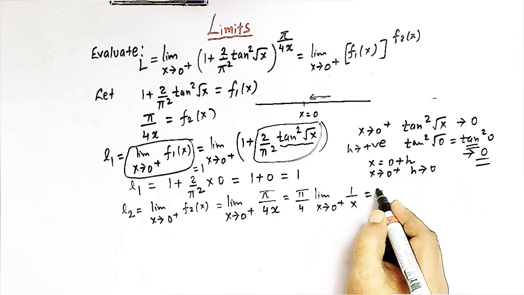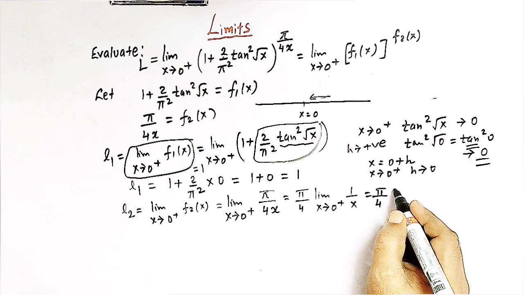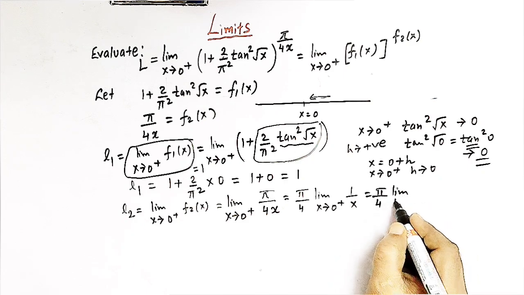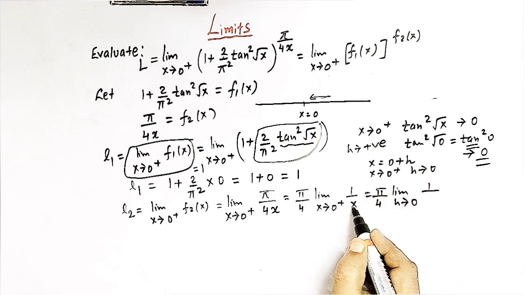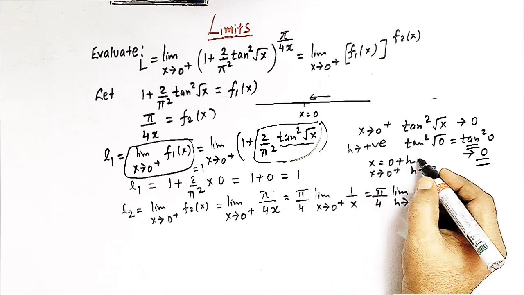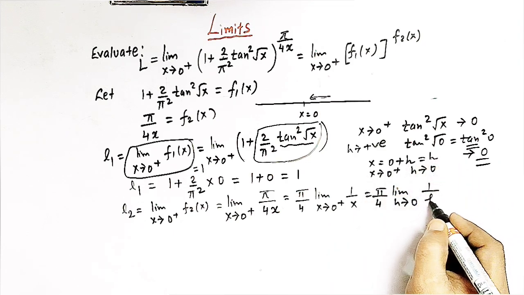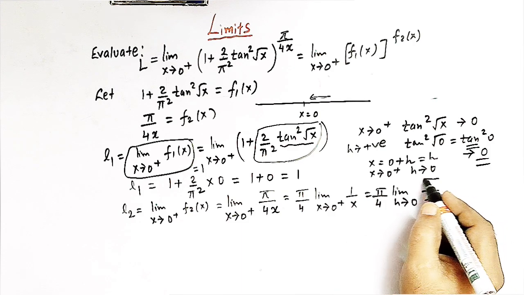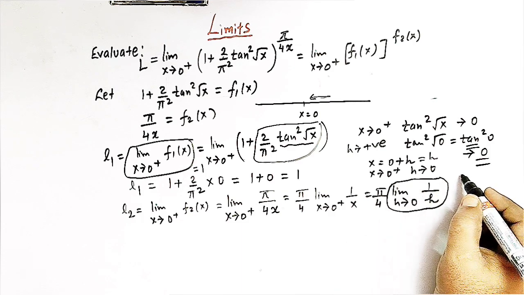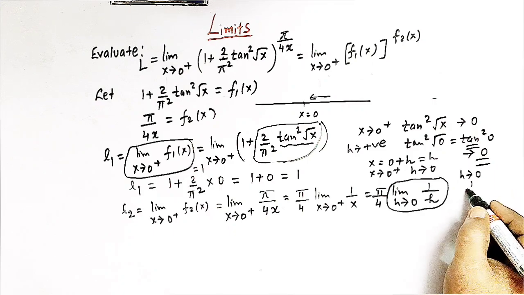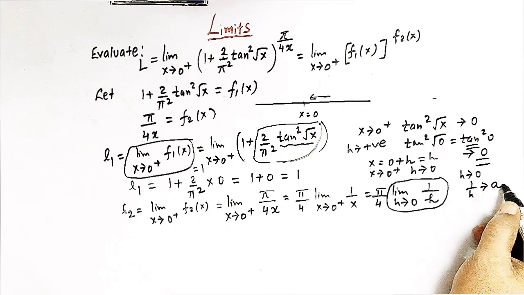So we can also write this limit as limit h tends to 0, where x is equal to 0 plus h, that is simply h. So here we have 1/h. Now this limit tends to infinity, because when h tends to 0, 1/h tends to infinity.